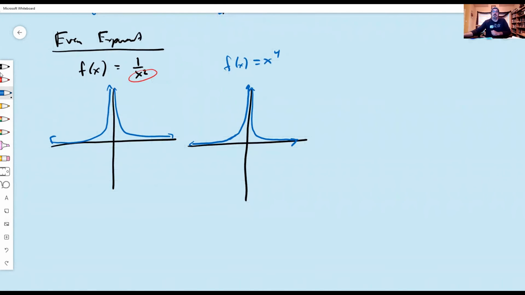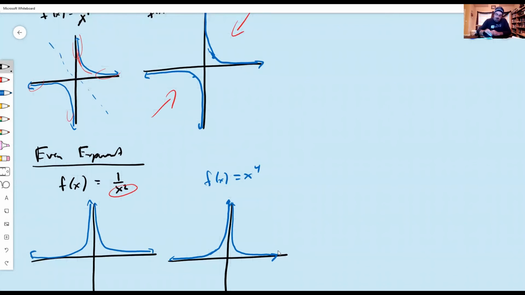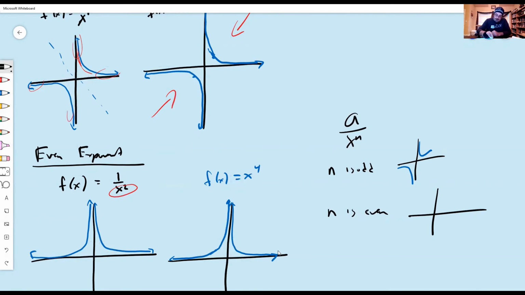So, quick summary. For a over x to the n, if n is odd, you have one below and one above. If n is even, both will be above.